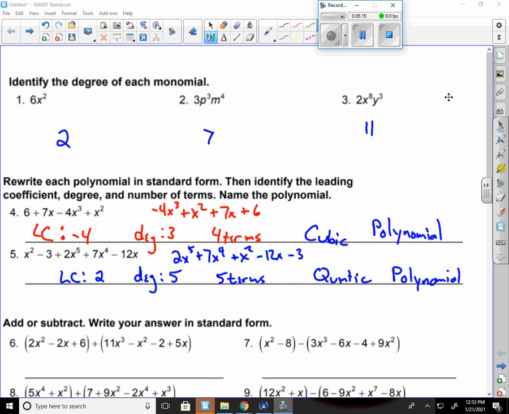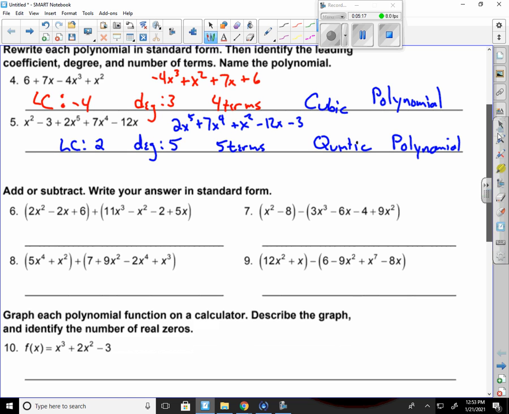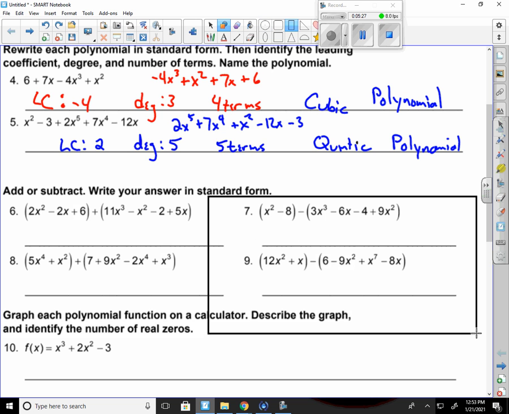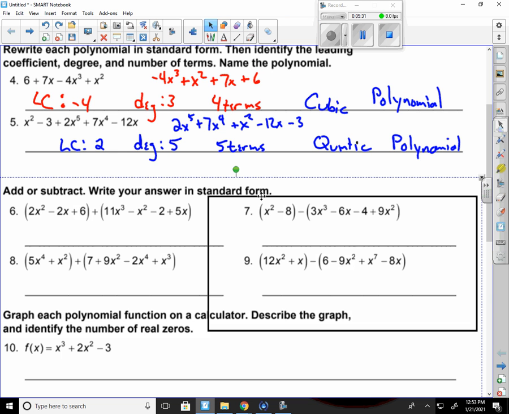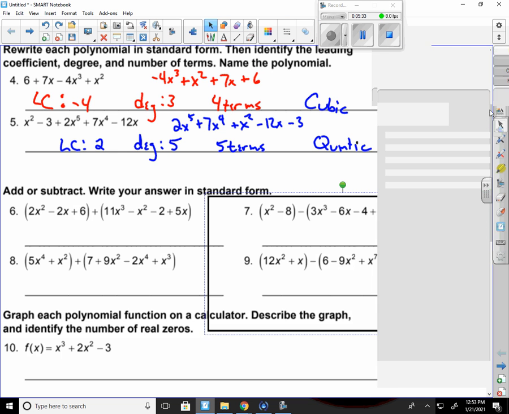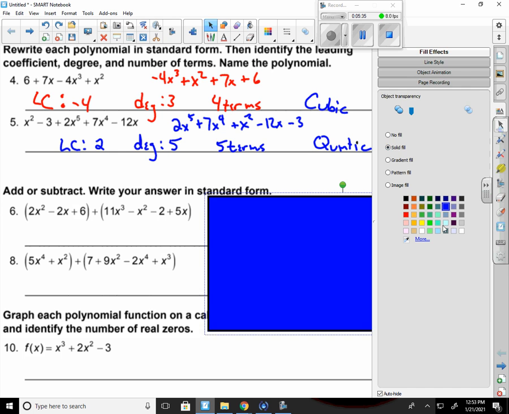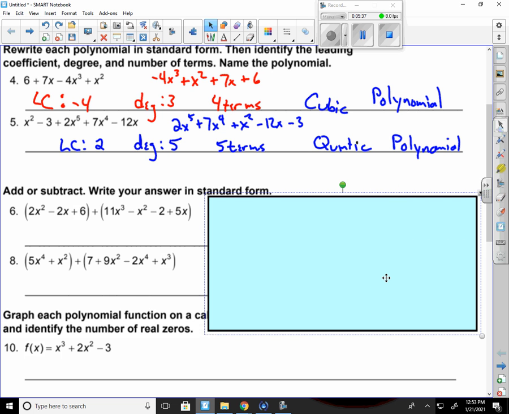All right, on to the next ones. And in this group, I'm actually going to create a little bit of space here, because I want to put them in standard form first, and then I'll align them vertically. So let's put them in standard form first.